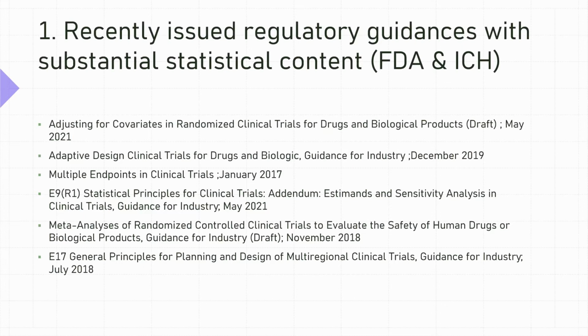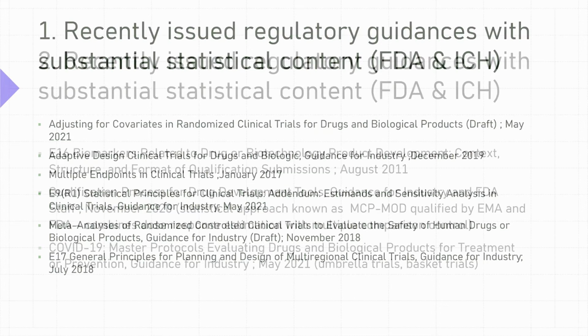E17 is an ICH guidance, general principles for planning and design of multi-regional clinical trials. As you can see, these have all been issued within the last 2 or 3 years, and more are coming.